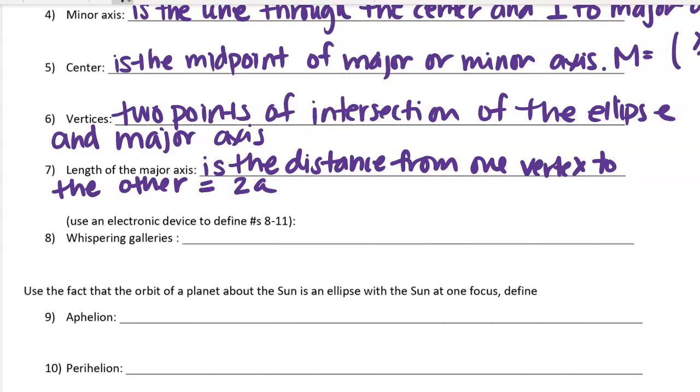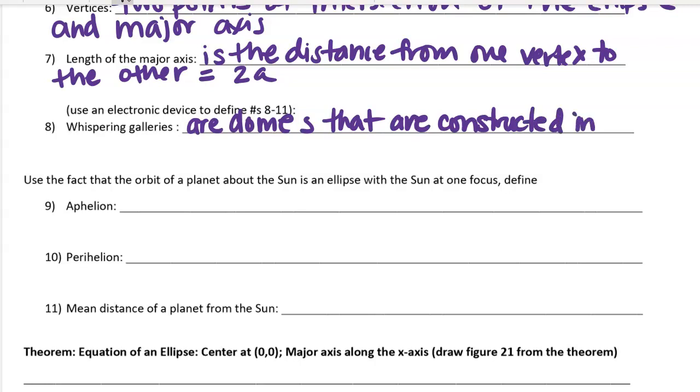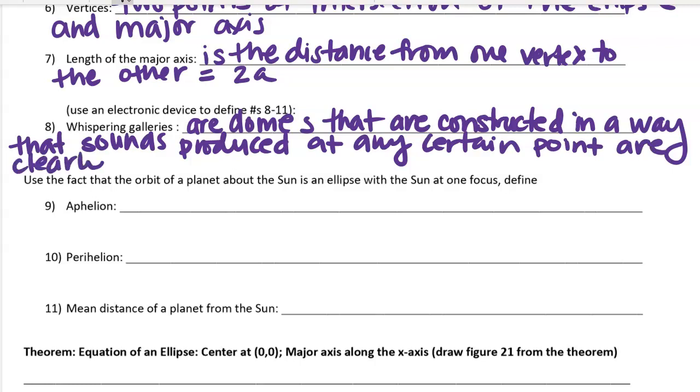Whispering galleries are domes that are constructed in a way that sounds produced at any certain point are clearly audible at another location.